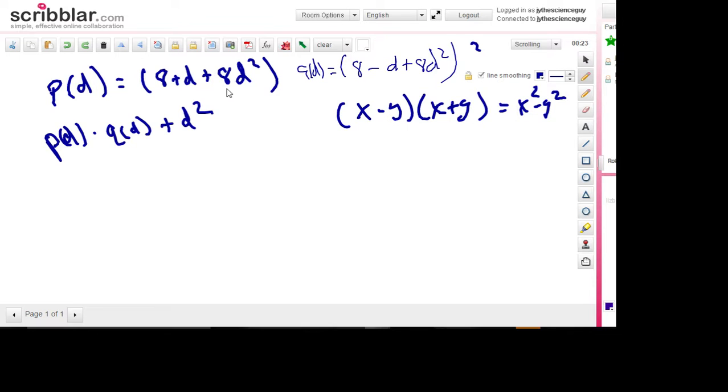Okay, so what if I did this? What is the number inside parentheses? 8. Okay, what is the number inside the red parentheses? 8D squared. Isn't it this whole thing?